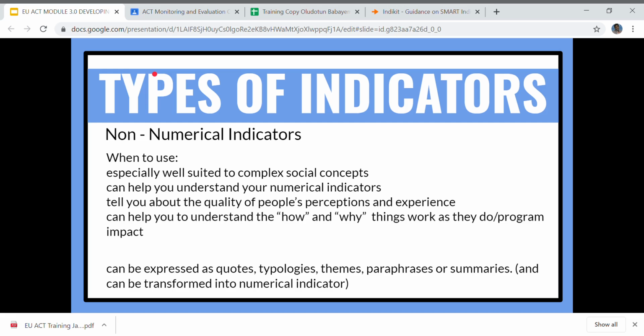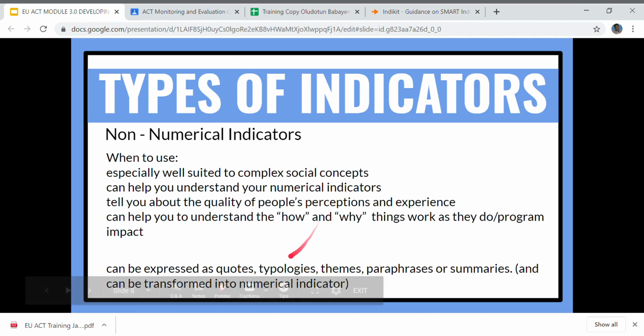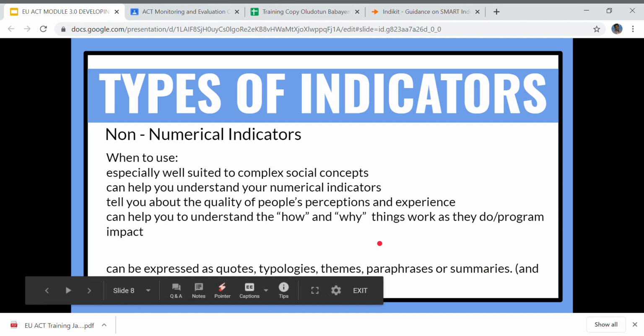So very, very important. Most times we use non-numerical indicators from the outcome stage, so mainly used for the result level, right? You can check in with your program also, and think about where you can have non-numerical indicators.